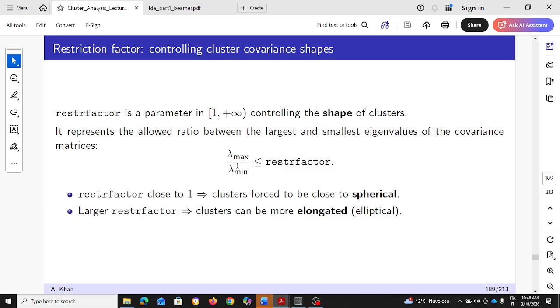If the eigenvalues have different values, this means there is some covariance in your data. If this value is equal to 1, this means the eigenvalues are the same and the variance is constant. Again, you fall into the spherical cluster. And if this ratio is larger, then we have an elliptical or elongated cluster.